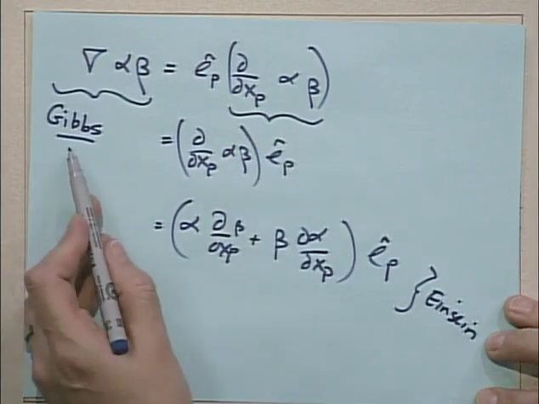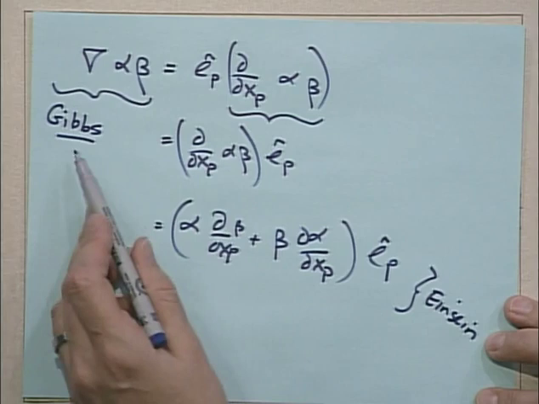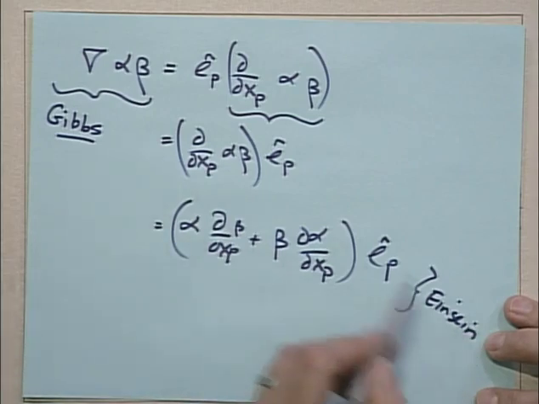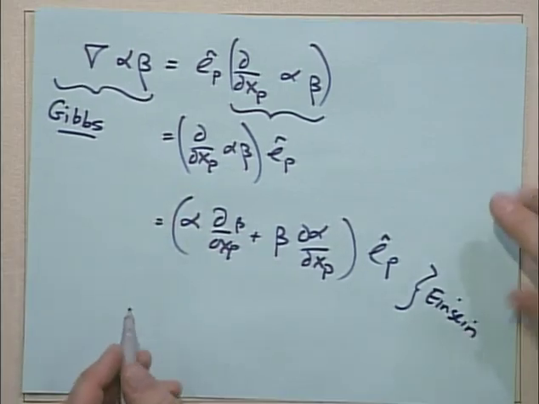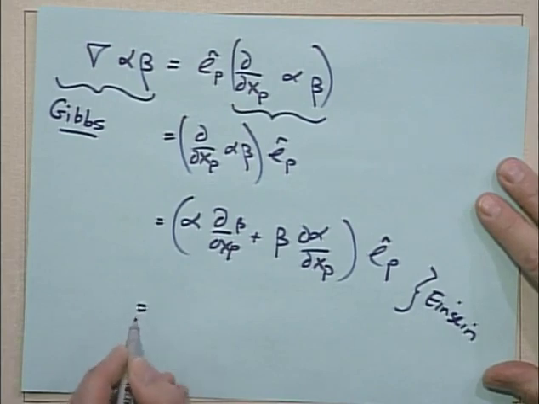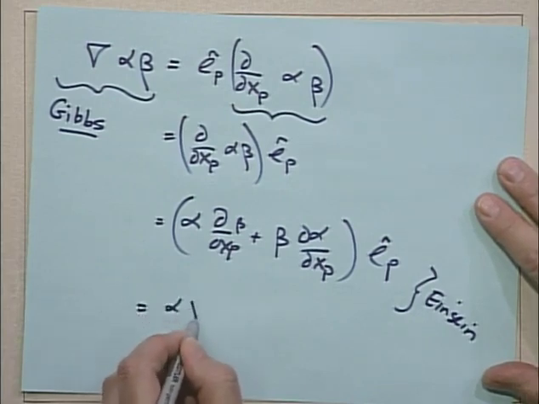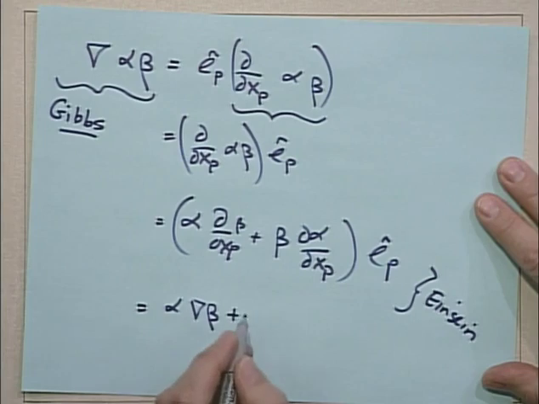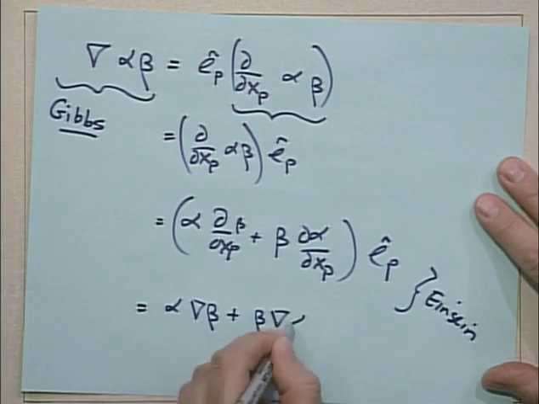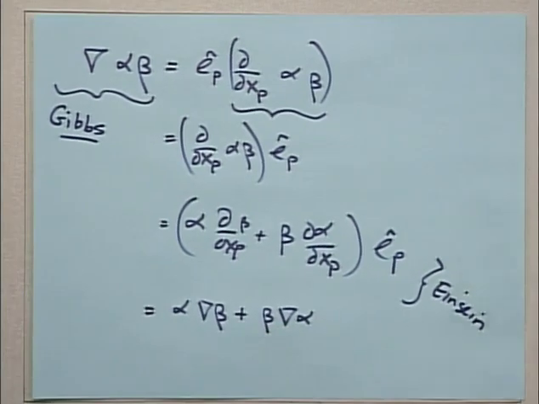So we've been learning how to go forward from Gibbs notation into Einstein, but you can also go from Einstein back to Gibbs. You can check me on this later, but this is alpha del beta plus beta del alpha. Actually, that one's not that hard to see, perhaps.